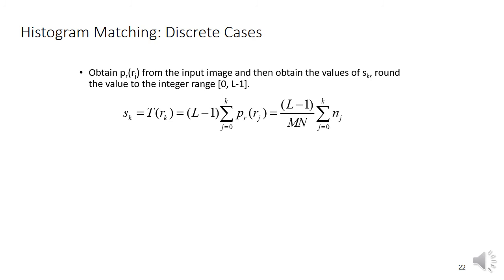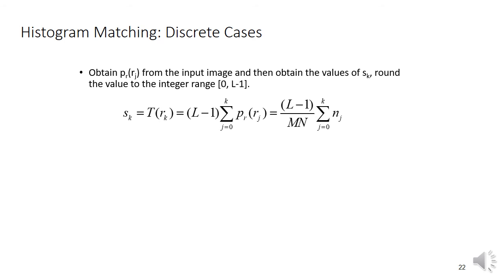Okay, histogram matching for the discrete case. We want to obtain p_r(r_j) from the input image, then obtain the value of s_k, and round the value to the integer which falls in the range 0 to L-1. So for the discrete case, s_k is equal to the transformation function applied on r_k, which is (L-1) times the sum over j from 0 to k, so the maximum is k, of the probability of r_j, the pixel intensity value.